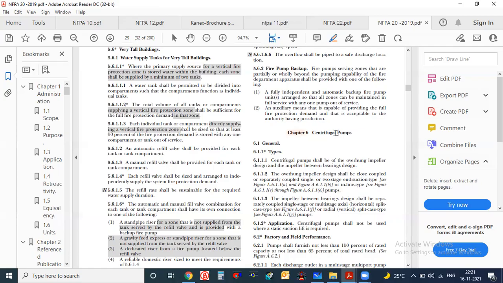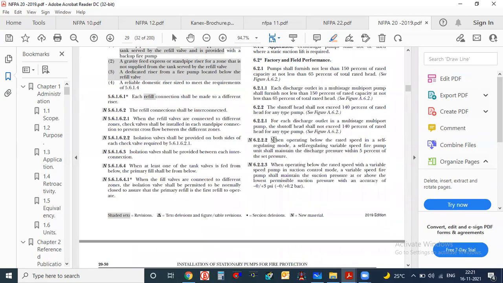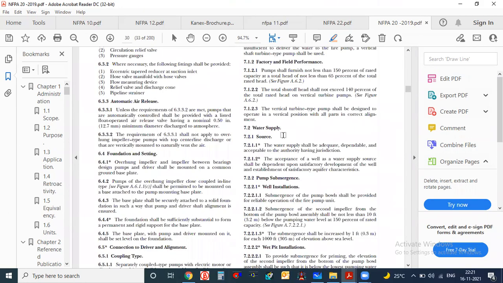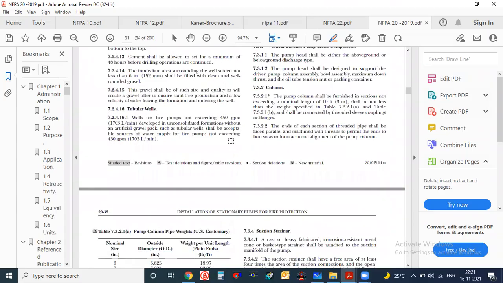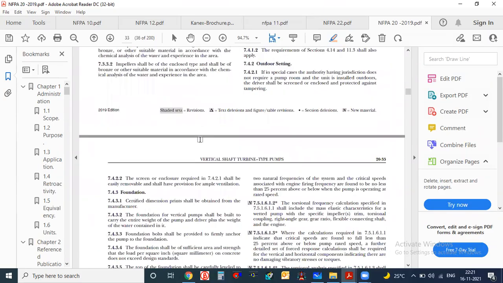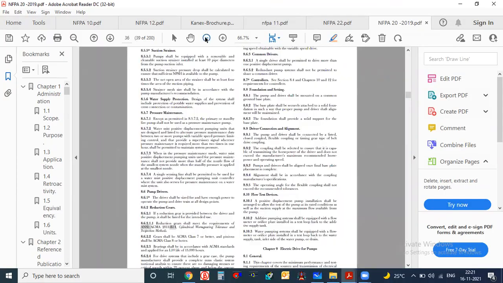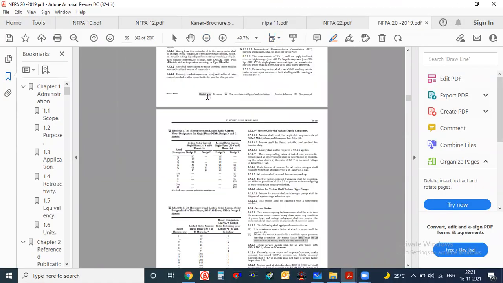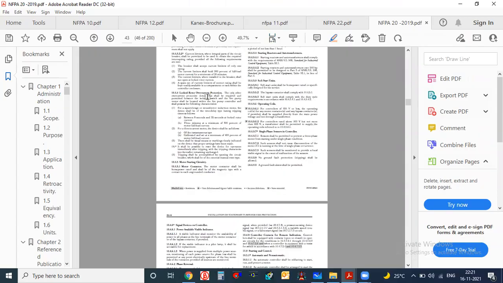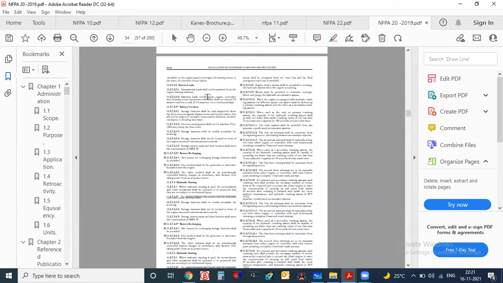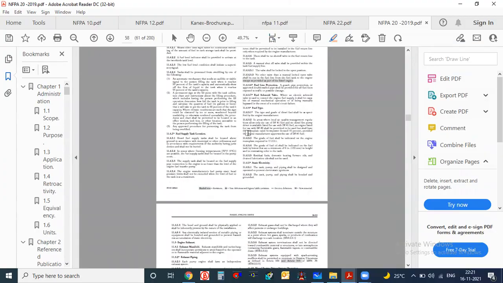Next, they have given about the centrifugal pump, like one category. Now they will be talking about the different types of pumps, like centrifugal and vertical shaft type. I want to show you one table actually. One classification is given. First, we will see that classification. I do believe this vertical one is fixed directly above the tank.